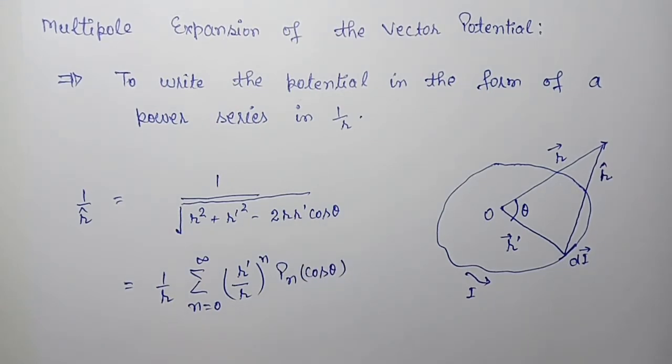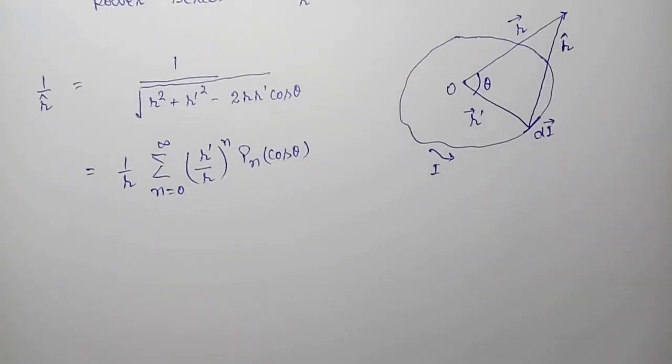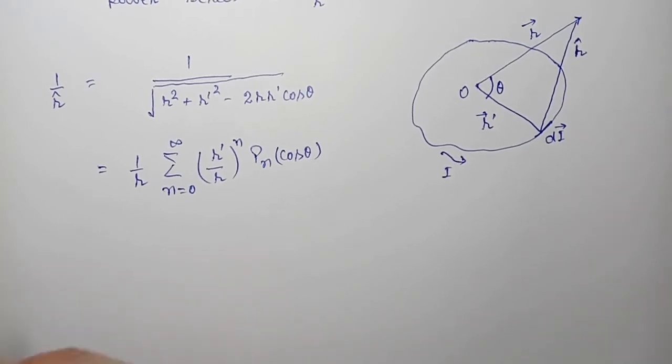Okay, so here 1 over r cap is equal to 1 over r summation n equals 0 to infinity, r dash over r to the power n, Pn cos theta.